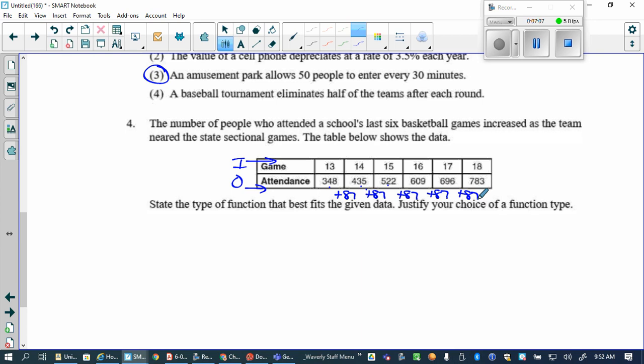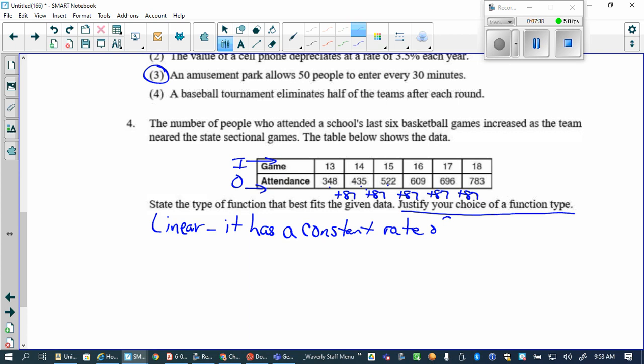So if you saw this one on a test, this would be the work you'd show, what I just did here. So what's our answer? Linear. Now, by the way, it has a constant rate of change of 87, right?